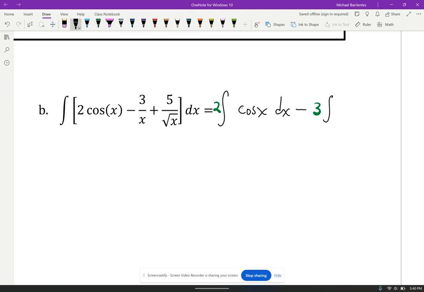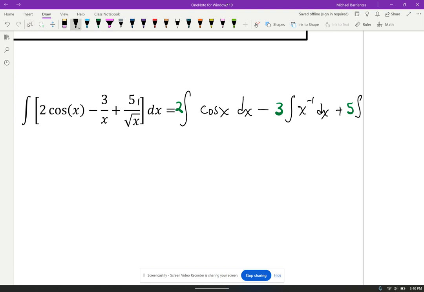Now, if I pull that 3 out, the only thing that's left is 1 over x. Oh, but I can't have x's in the denominator, so let me fix that while I'm here. This will be x to the negative 1 dx. Plus, there's another constant, so 5 times the antiderivative of 1 over square root of x, but I can't have roots in the denominator, so let me pull them up. That's going to be x to the negative 1/2 dx.